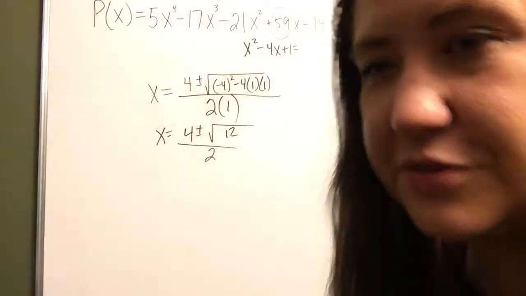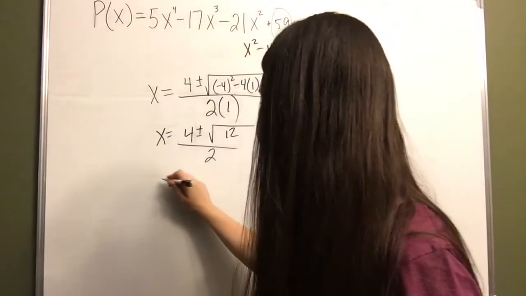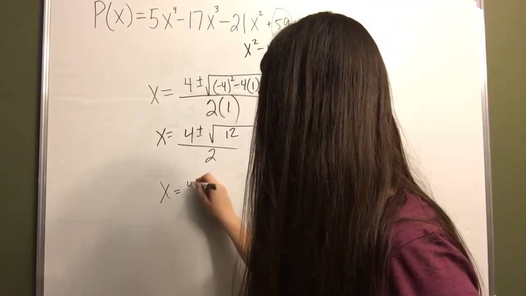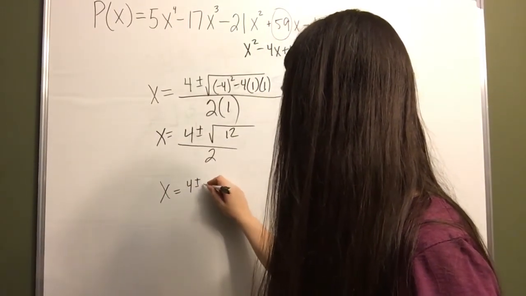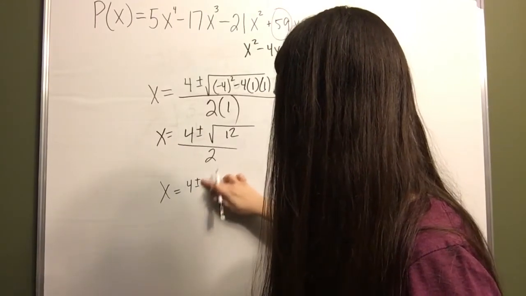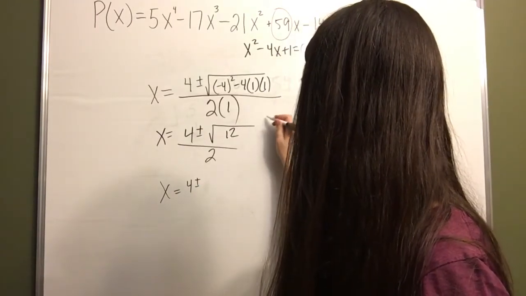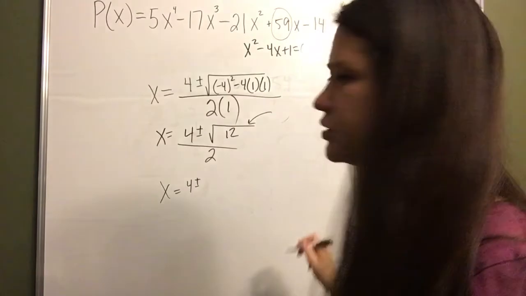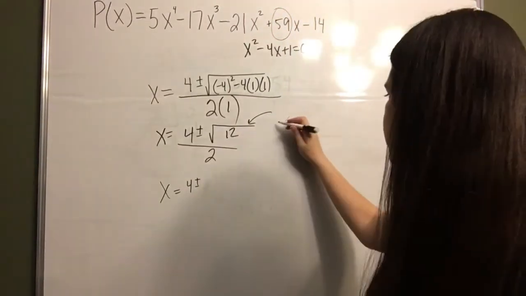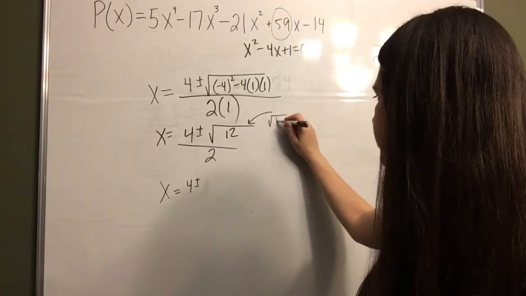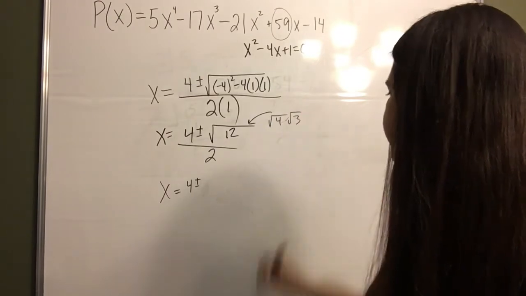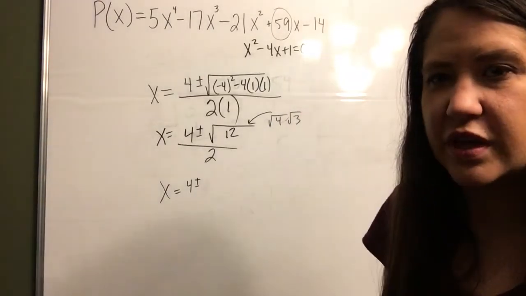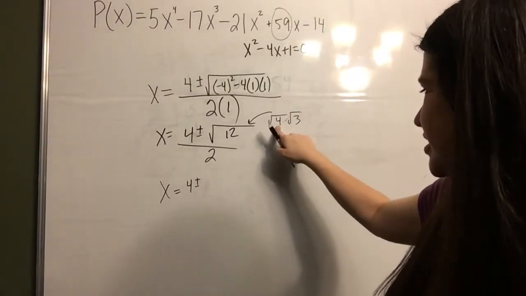And then you want to reduce that, all right? So we're going to think about the square root of 12. The square root of 12 is the square root of 4 times the square root of 3, right? And we know the square root of 4 is 2.